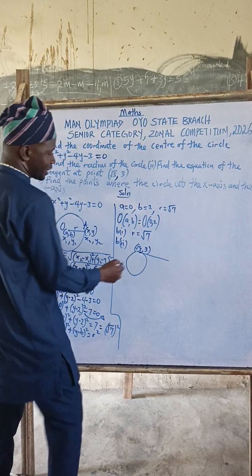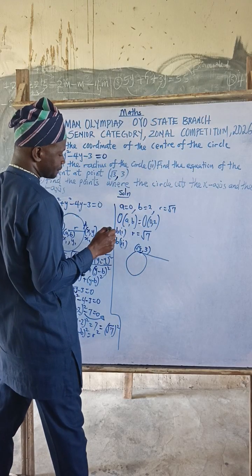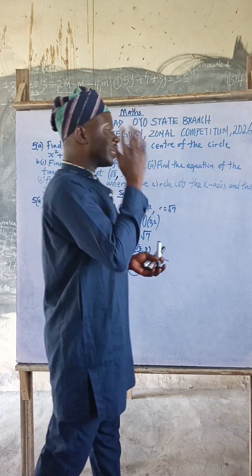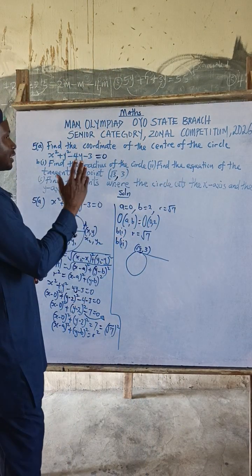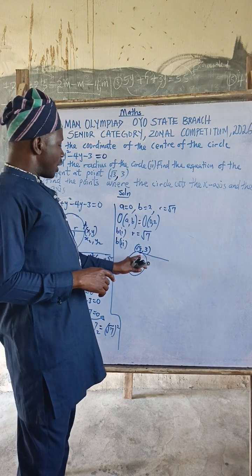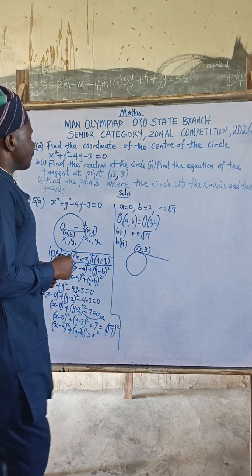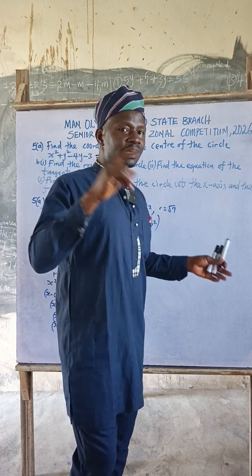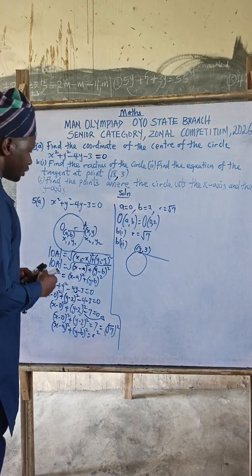The gradient of the normal multiplied by the gradient of the tangent will give us minus 1, because the lines are perpendicular. When you have two lines that are perpendicular, the gradient of one line multiplied by the other gives minus 1. That's according to coordinate geometry.